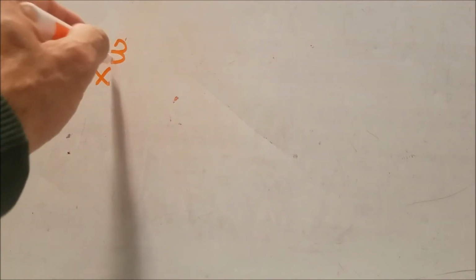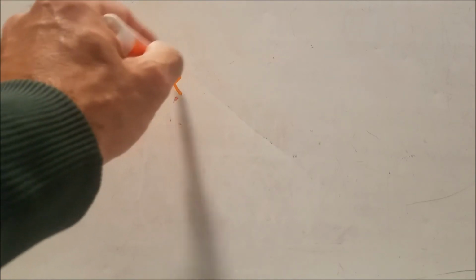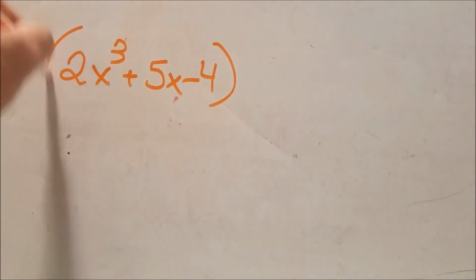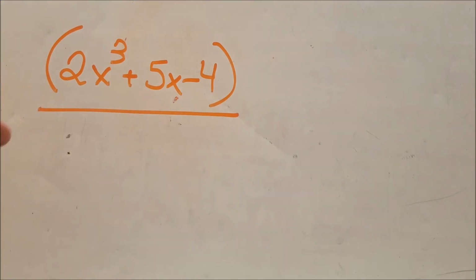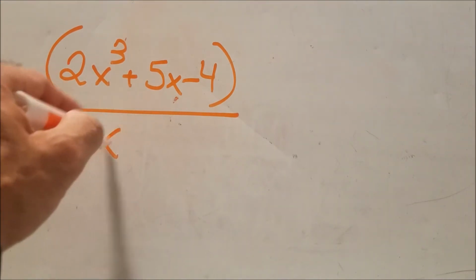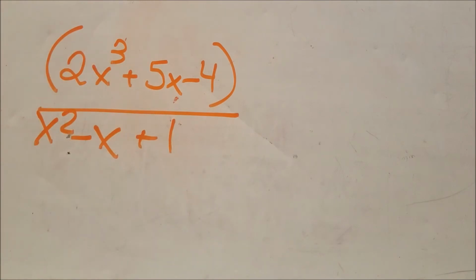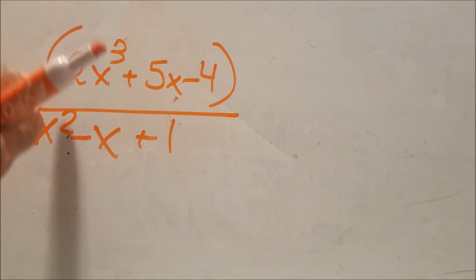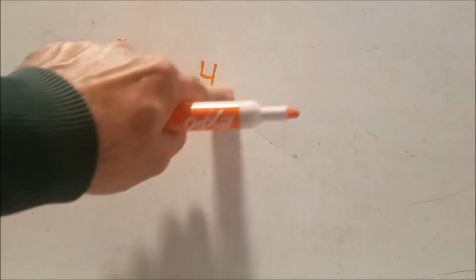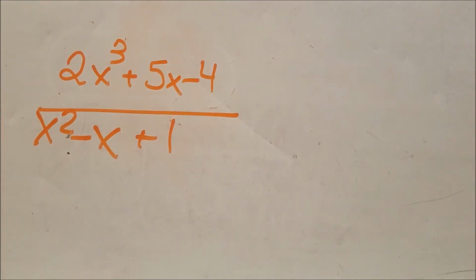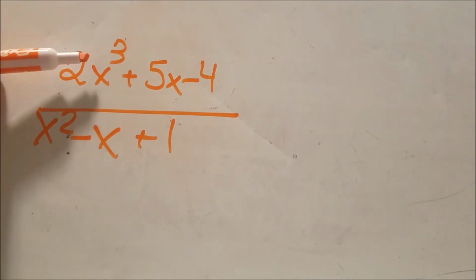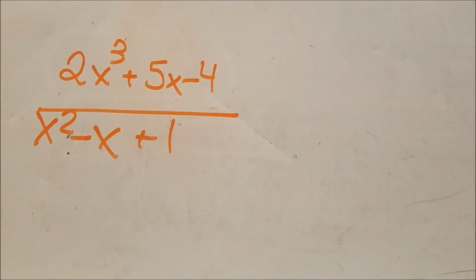Something like this. What if we had, and we'll use a different color, 2x cubed plus 5x minus 4, and what if I put all that over x squared minus x plus 1. We don't need those parentheses. So when you see something like this, the top number, the numerator, is the one that's inside the division.